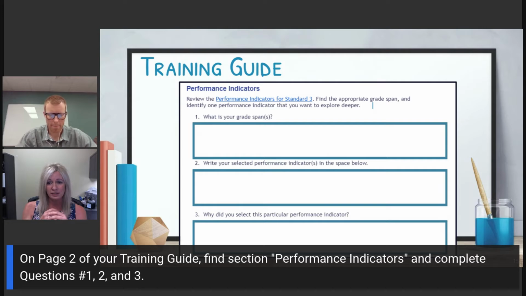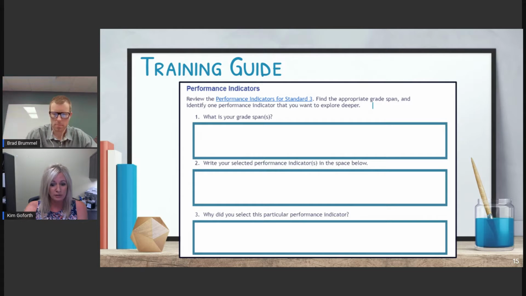Like Brad said, this is a skill that's really good for any content area, but for your health education, start to identify the performance indicator that you would like to look at. We've got a part here in your training guide on page 2 that we'd like you to take some time with. Again, pause the video if you need to, find your grade span, and select something that's near and dear to your district and your students. So take a minute to do that.